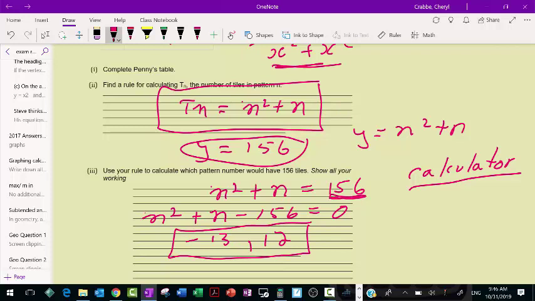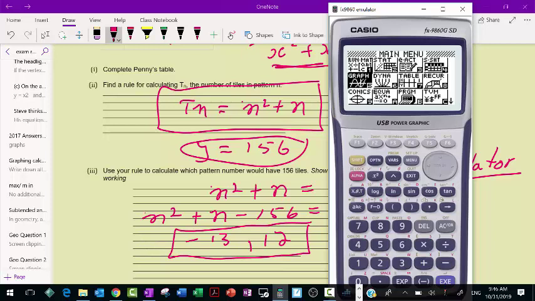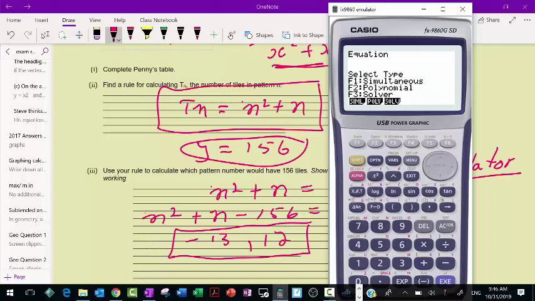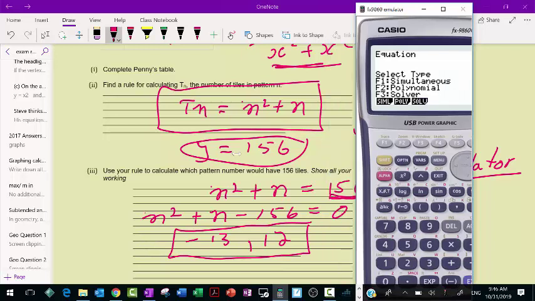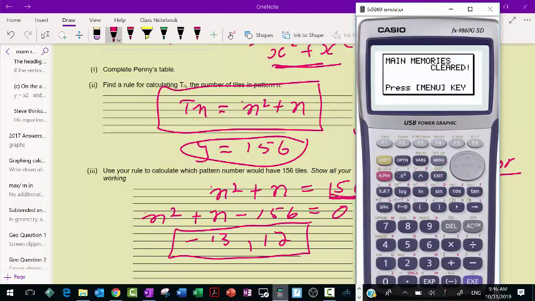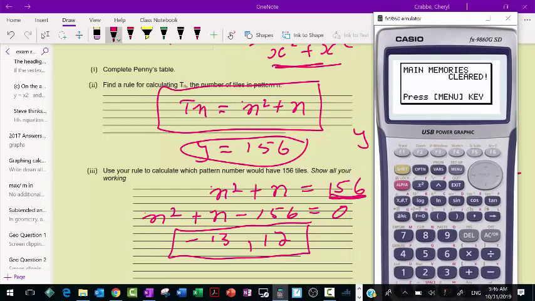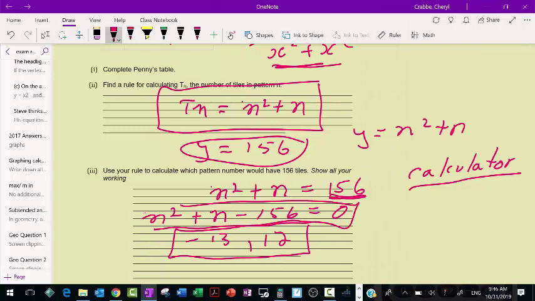Another way of doing it with your calculator is to go into an entirely different menu. Go to the equation menu, and we're going to solve the polynomial, which is basically this polynomial here, n squared plus n minus 156 is equal to 0. We have to have it in that form, and we can solve it.